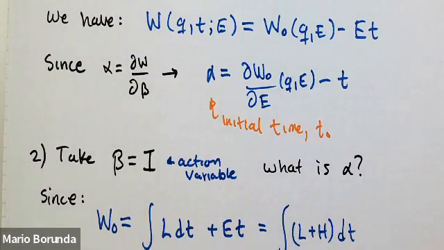So if you want to learn more about the relationship between canonical transformations, angle action variables, the Hamilton-Jacobi formulation, it's all inside of Goldstein. Chapter 10 is really full with that. But that's the main thing, what this W is able to do for us.